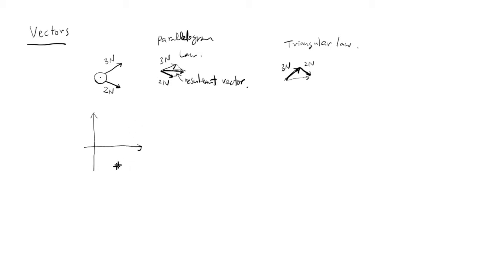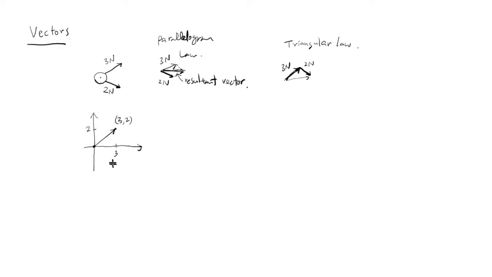So let's say you have a vector that's given by the initial point at 0, 0, and say, let's say 3, 2. So here's the point 3, 2, and here's 0, 0, and let's say you connect these two points to get a vector.